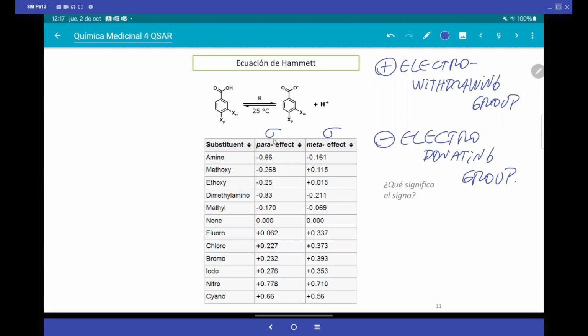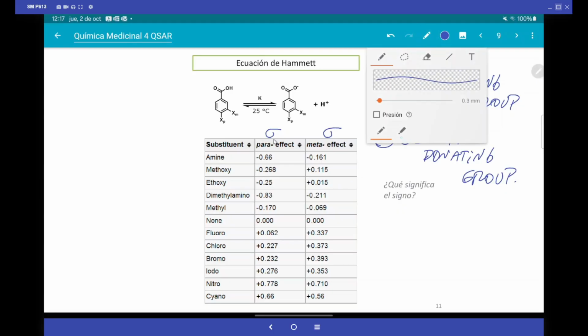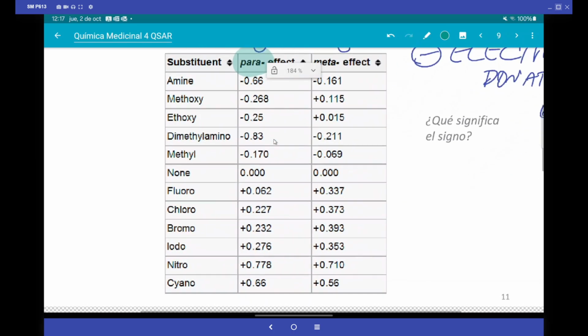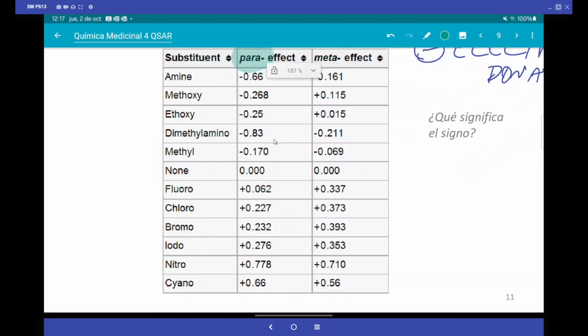From this table, let's see only the effect in position para. What is the most electron-attracting group in the series? Perfect. If we go to the positive values, none means hydrogen, the reference when there is no substituent. From there the positive values start, yes, very well, nitro.